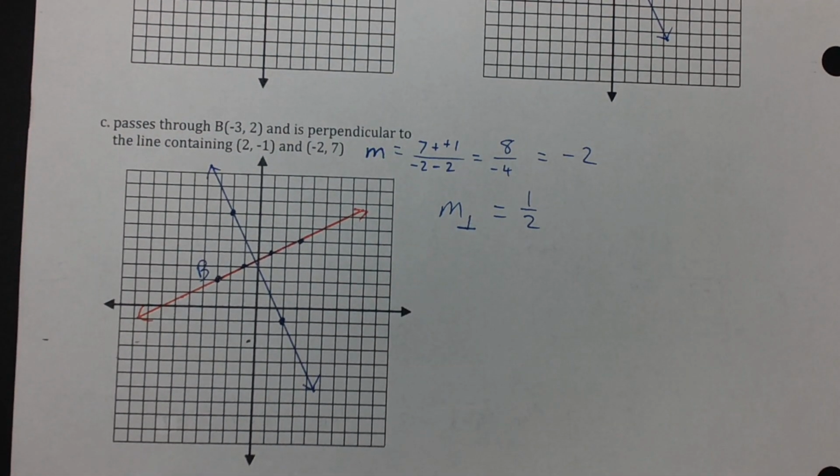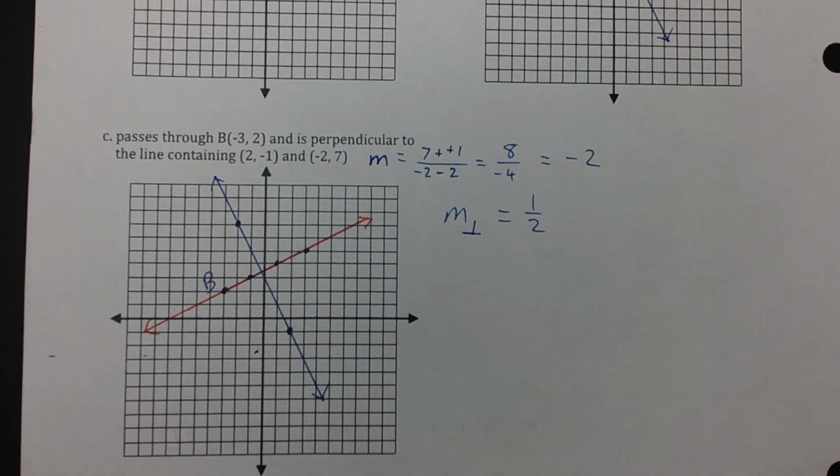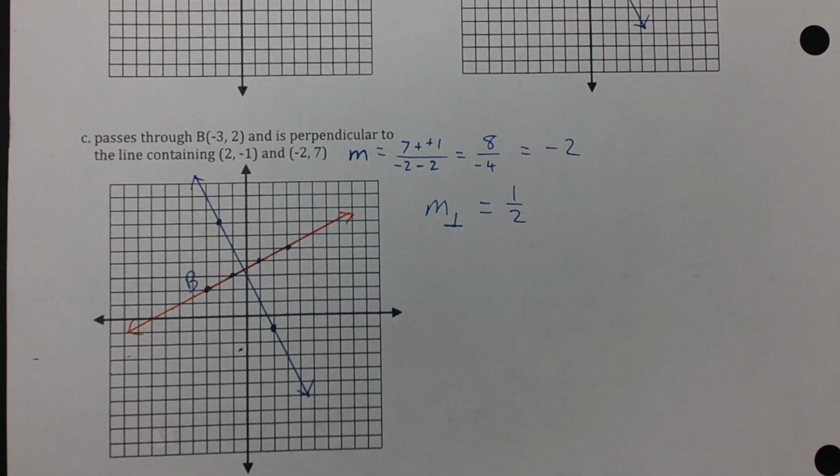And there you go. There's your perpendicular going through point B, and it does look like it's perpendicular, so that works out well. So just remember, rise over run is the difference of y's over difference of x's, and the opposite reciprocal is how you find the slope of your perpendicular lines, but parallel lines have exactly the same slope.